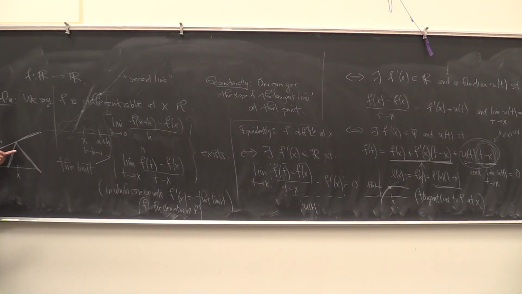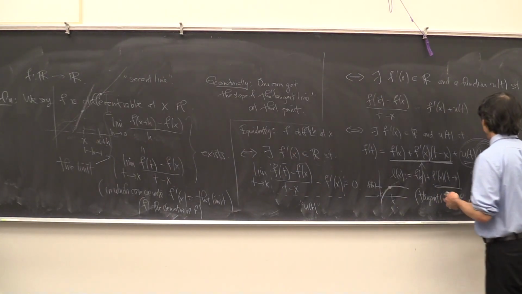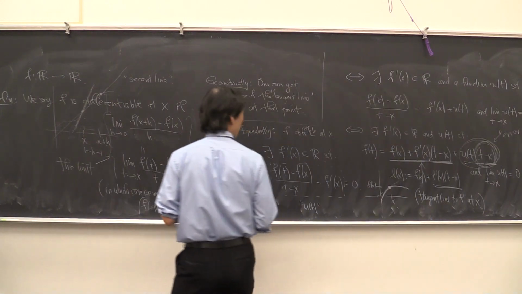That's not differentiability. The error has to go to 0 in a very fast way. Even when you divide by this first order term that goes to 0, the resulting thing still goes to 0. So it goes to 0 in a particular way.